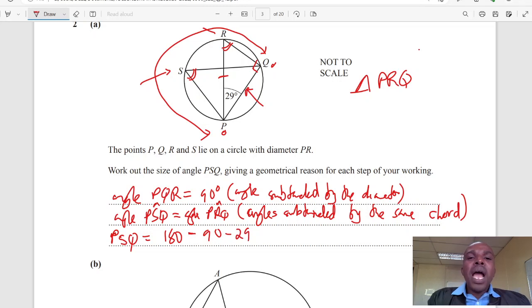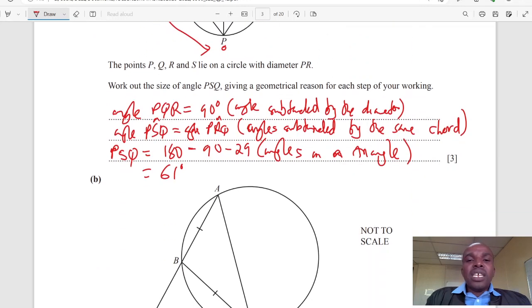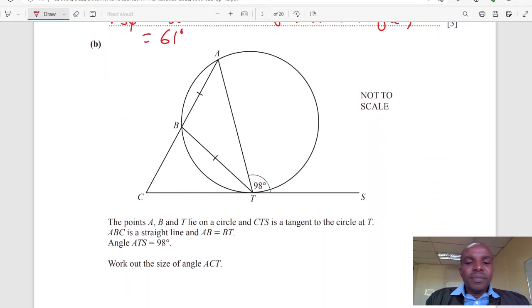Using triangle PRQ, you can say angles in a triangle add up to 180 degrees. So you can punch in your calculator 180 minus 90, it will be 90. 90 minus 29, then you get 61. So this angle is actually 61 degrees. Then done.